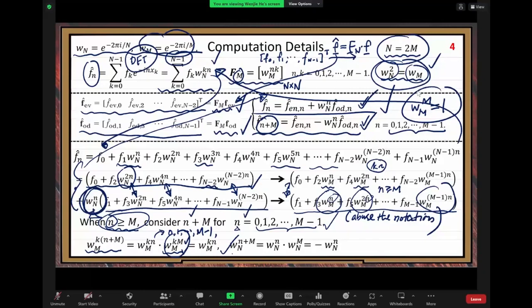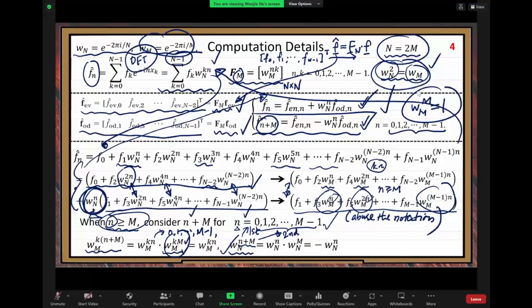For the exponent, this time we need to consider little m plus capital M, with this little m in the first half. After you add capital M, the sum is in the second half.